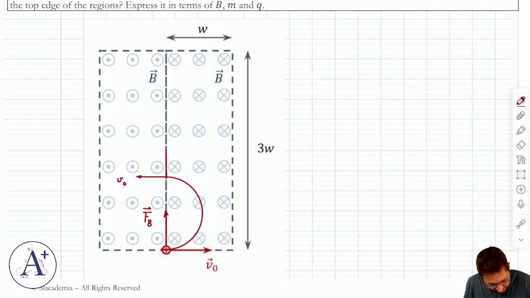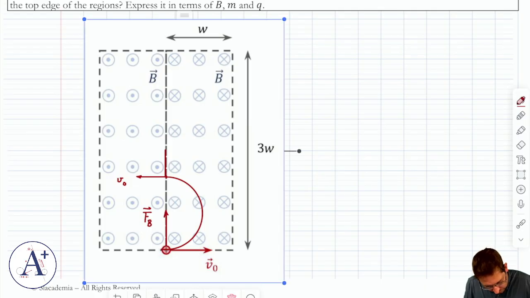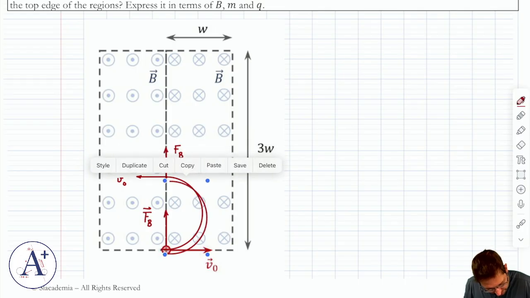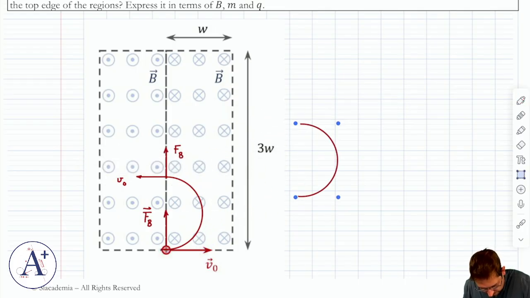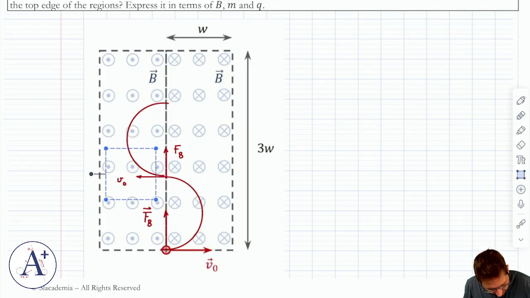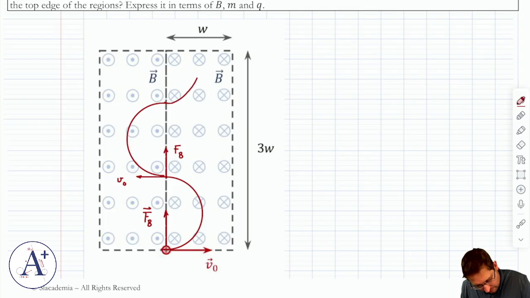We still find that the magnetic force points up. So that means this thing is going to then travel like this. Well, I'm starting to see how it snakes its way up to the top edge, because then the same thing is going to happen again, and so on and so forth.